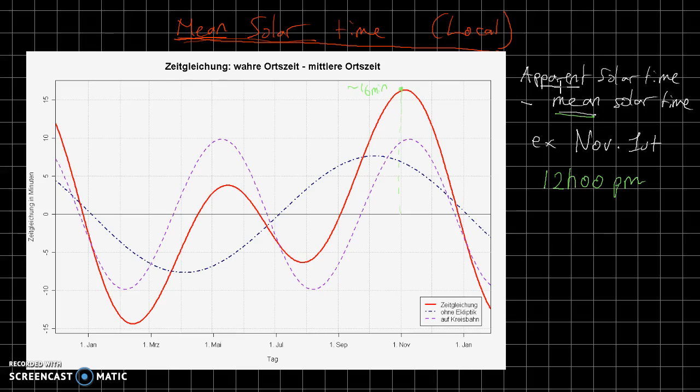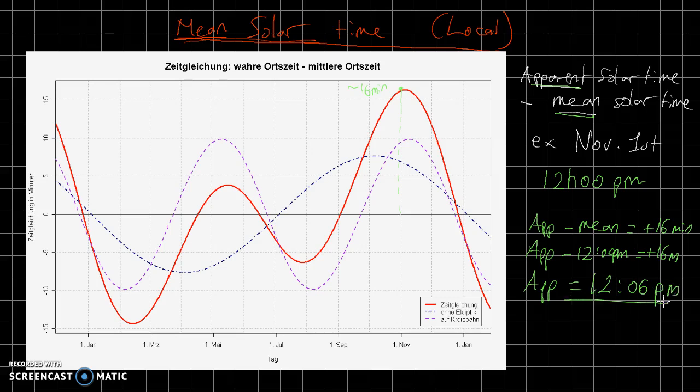What time is it according to your sundial, which records the apparent solar time? Well, apparent minus mean equals plus 16 minutes. So, apparent minus 12 p.m. equals 16 minutes. So you add 16 minutes there, and the apparent time would be equal to 12:16 p.m.